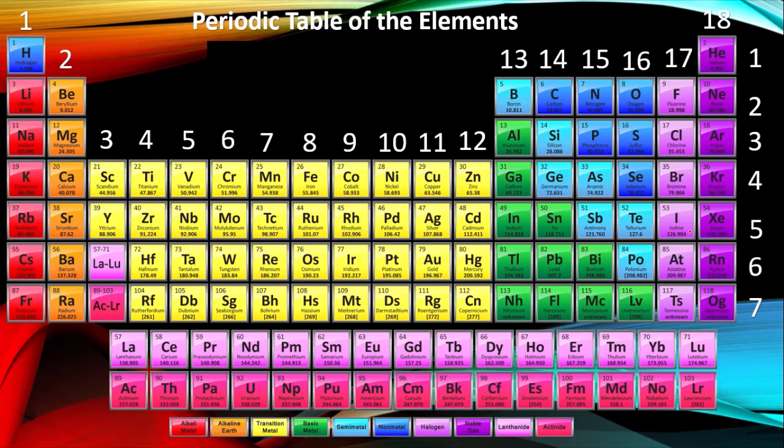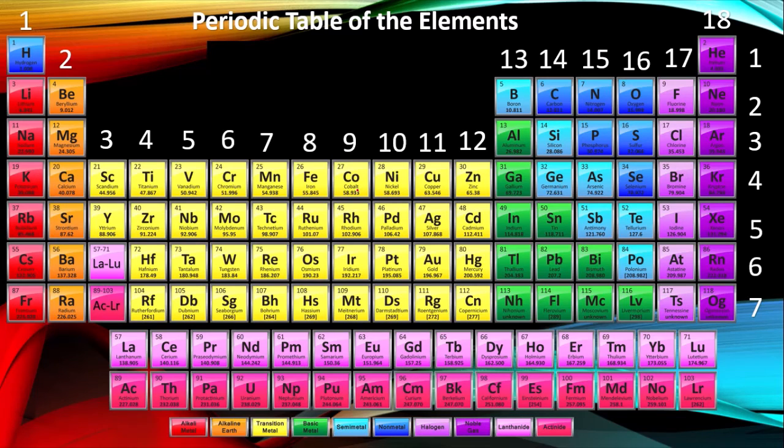If anybody asks to select an element which is present in row number 4, there are many, like potassium, calcium, scandium, iron, cobalt. Many choices are there in row number 4. So this is how we study the periodic table of elements.